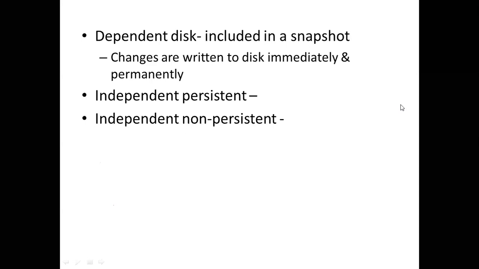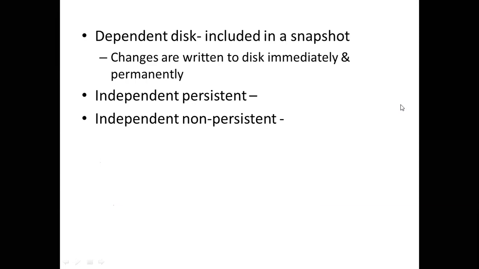Then independent disk, independent persistent disk. In these disks, changes are immediately and permanently written to the disk, which is not affected by snapshot. So the difference now between dependent disk and independent disk: both of them can write changes immediately and permanently.